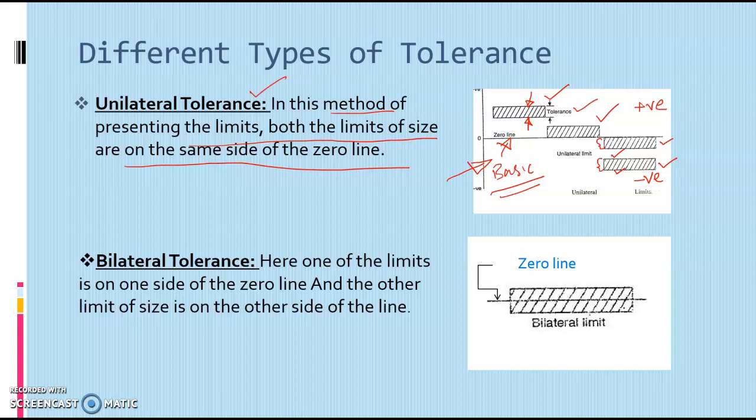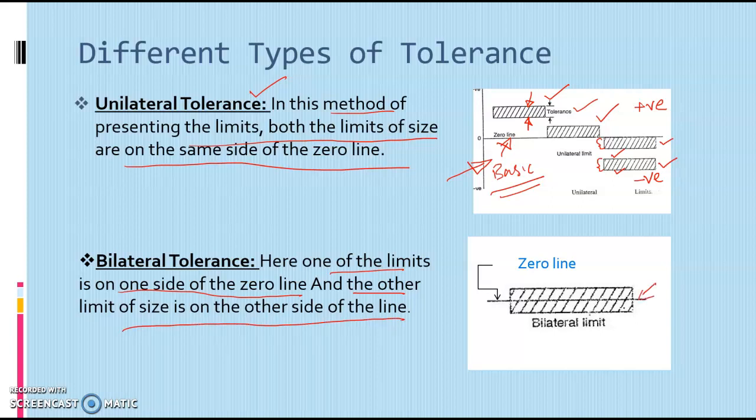On the other hand, we can have bilateral tolerance. That means one of the limits is on one side of the zero line and the other limit of size is on the other side of the line. Here is a typical example.